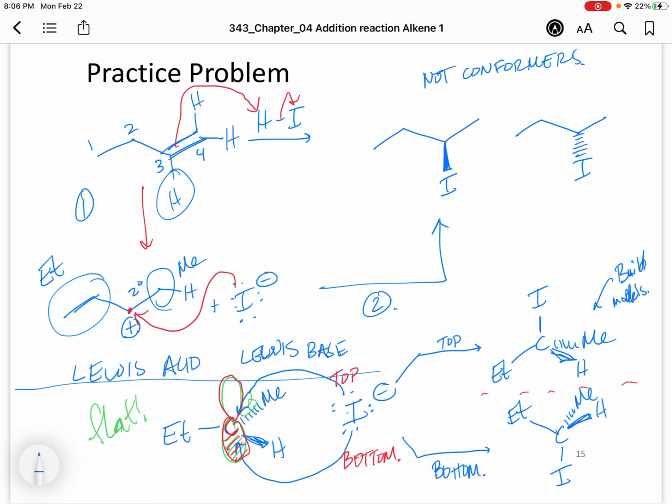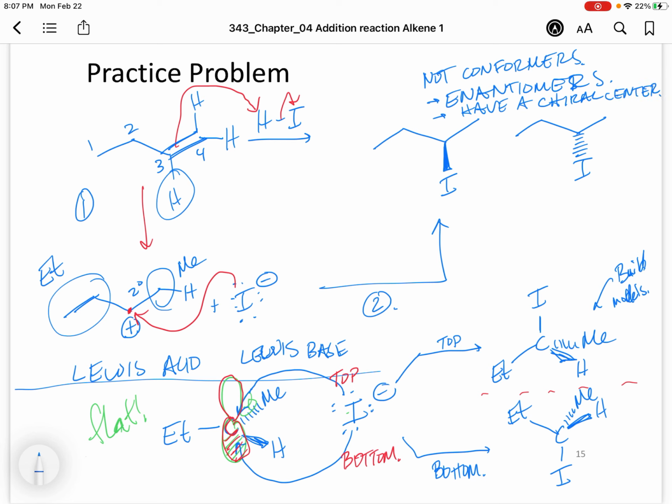These are what we call enantiomers. They have a chiral center. We're going to talk about this in the next video.